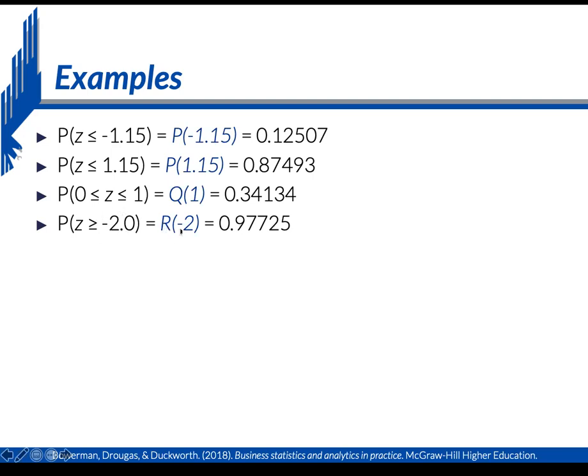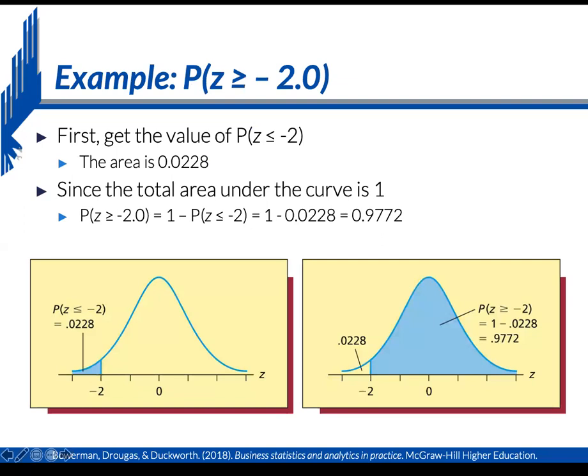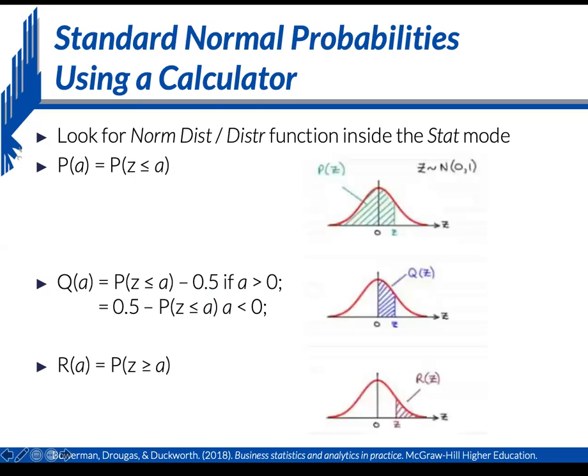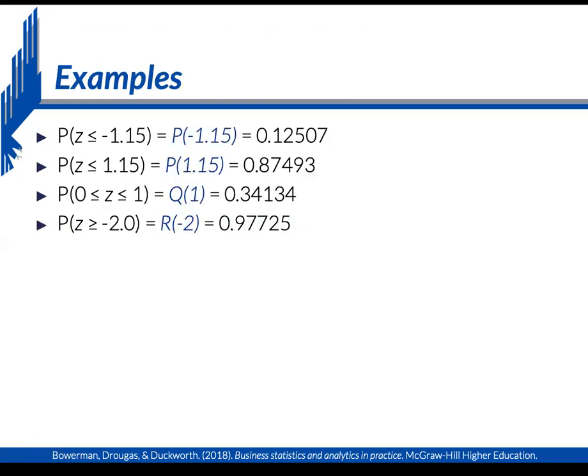So that's R, and then input the z-score that you need. And then the function will give you the total area to its right. And in this case, the calculator gives 0.97725 or 0.9772 if you use the standard normal table. So again, these options are available and you are free to use them if your calculator has those functions.